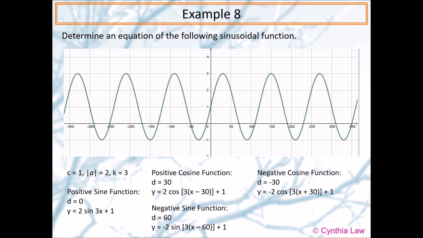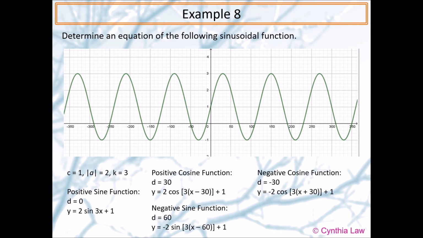Lastly, if we have the negative of the cosine function, then we have y equals negative 2 cosine of 3 times bracket x plus 30, close all the brackets, and then plus 1. So there are 4 different ways to write this function.